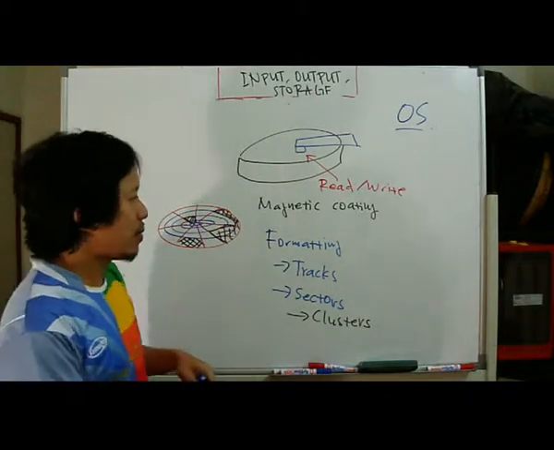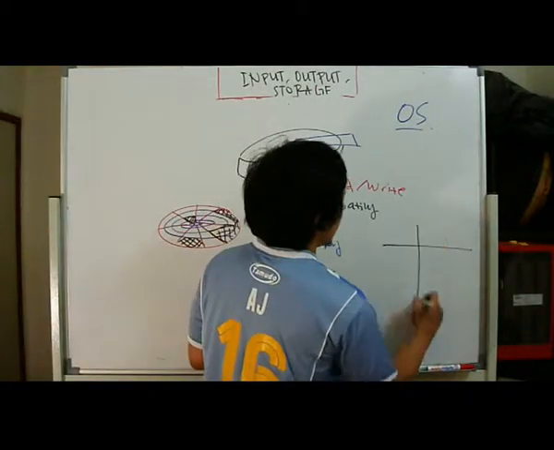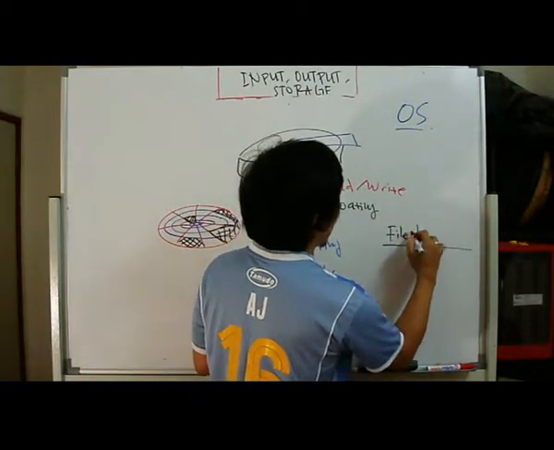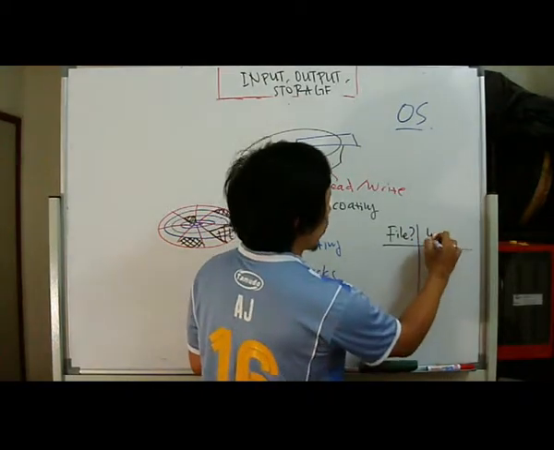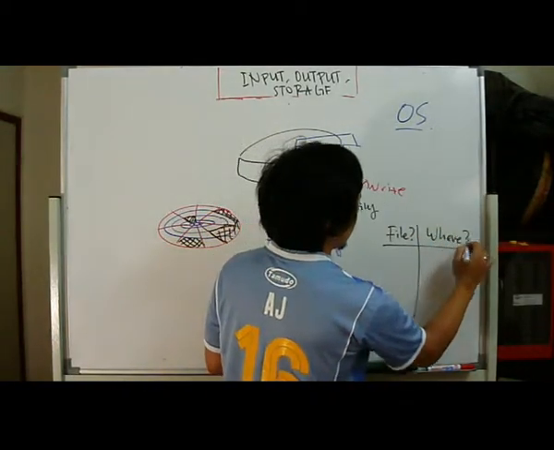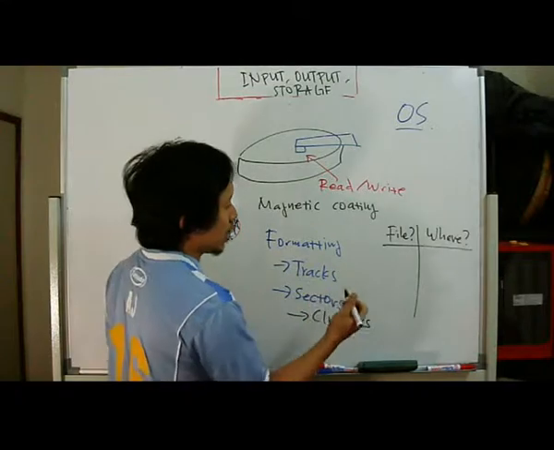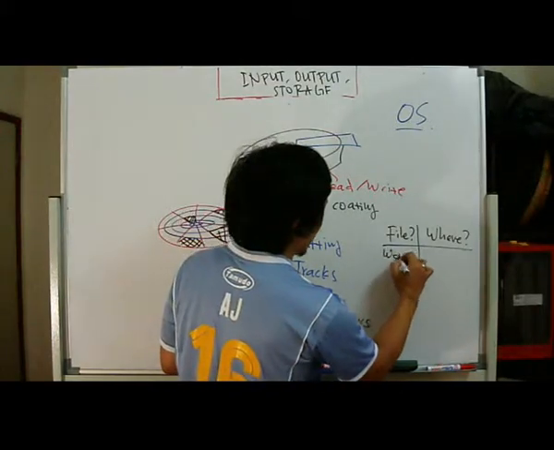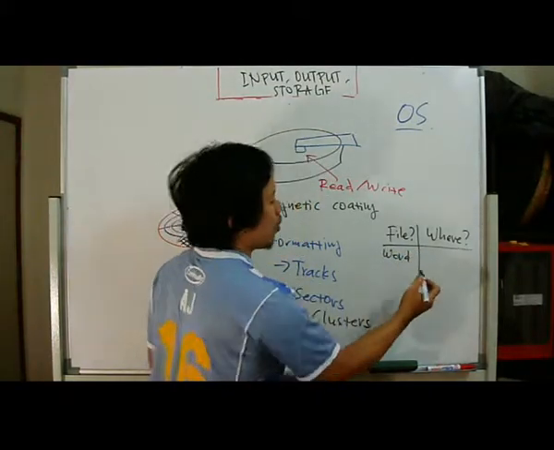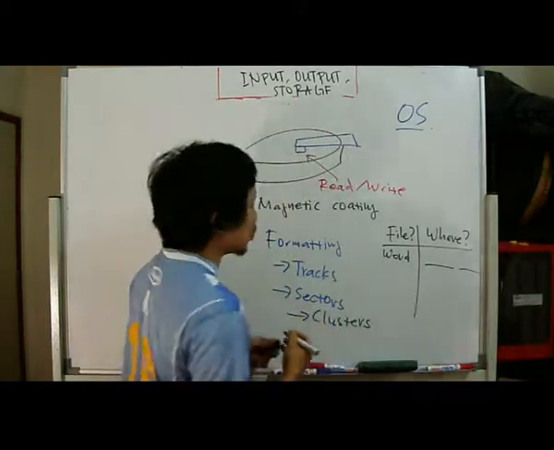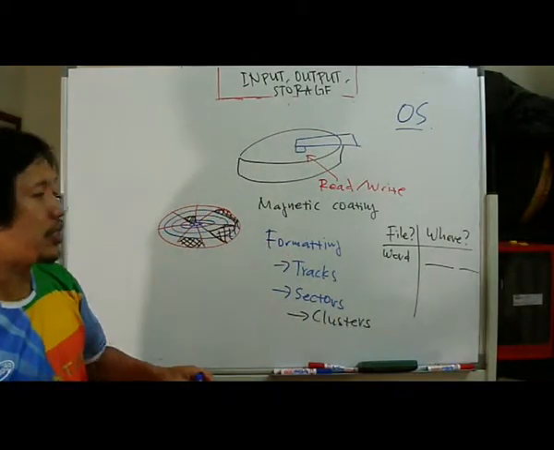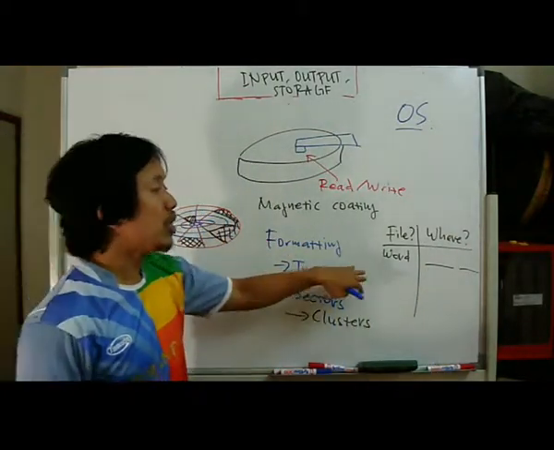So they have some kind of filing system, for example, what kind of file and where. They have, for example, Word program, and where is it located, which sector, which track, which cluster and whatnot. So there are two types of filing system.